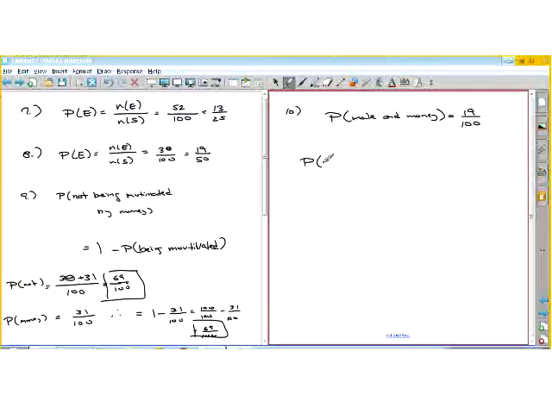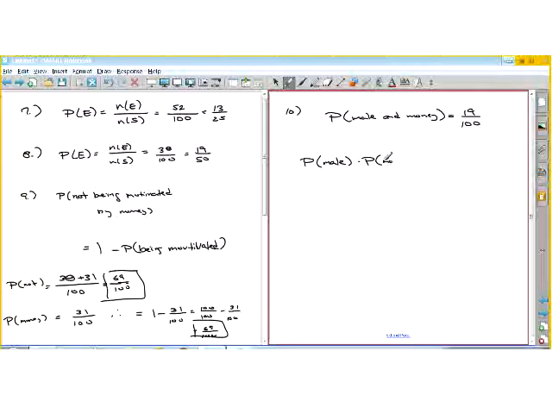Now the question is, how do you do this as conditional probability? I guess there are two ways we could do this, so let's do it both ways.